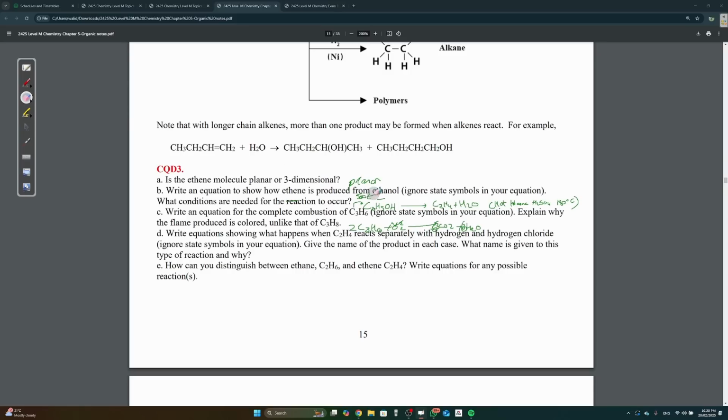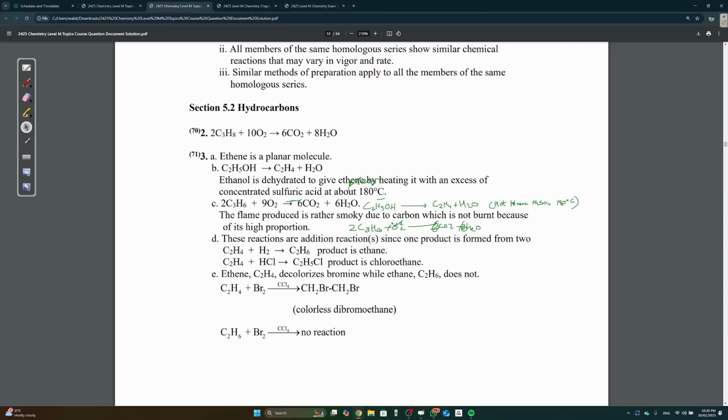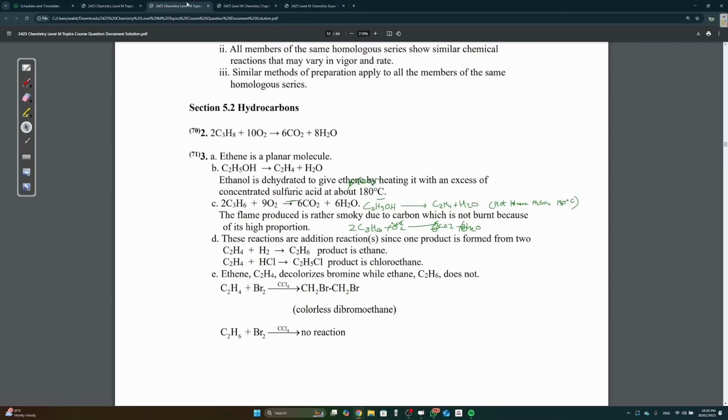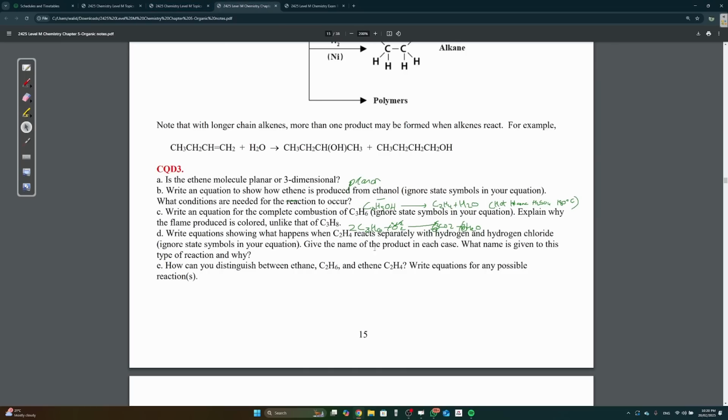It's like dirt, like dirty stuff. This is because the molecule has a higher proportion of carbon. They said it here: because carbon has a high proportion, it produces something called soot. It's smoky, like disgusting stuff that comes out of it, and so the flame looks dirty.